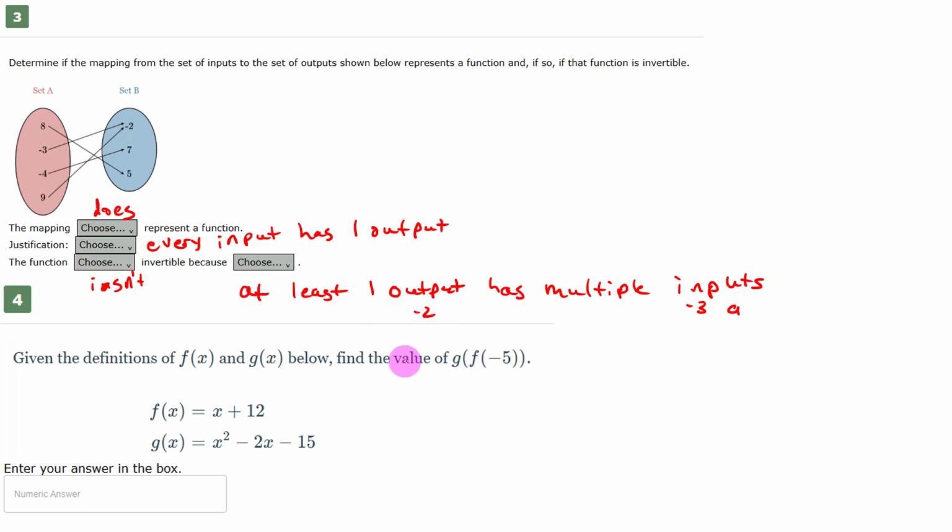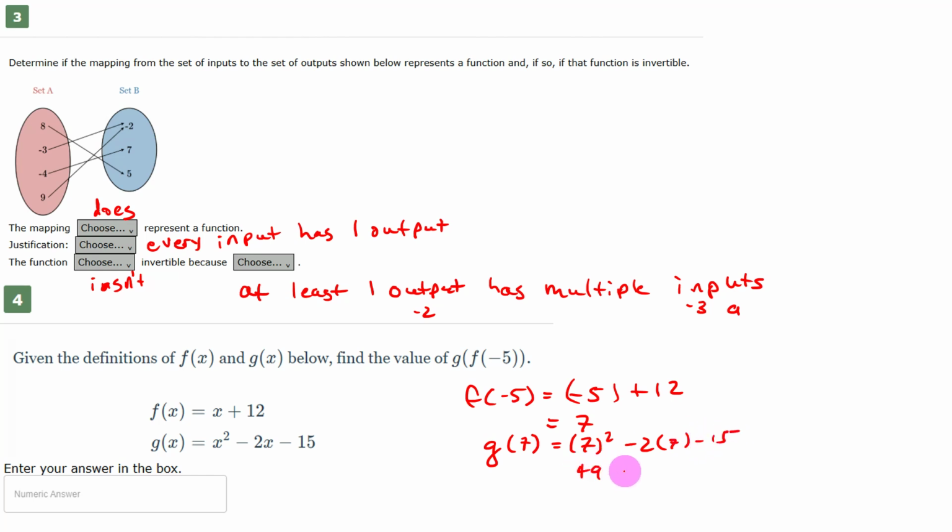So down here, we're going to find g of f of negative 5. We just simply do f of negative 5 first. Negative 5 plus 12 is 7. And then we're doing g of 7: 7 squared minus 2 times 7 minus 15.